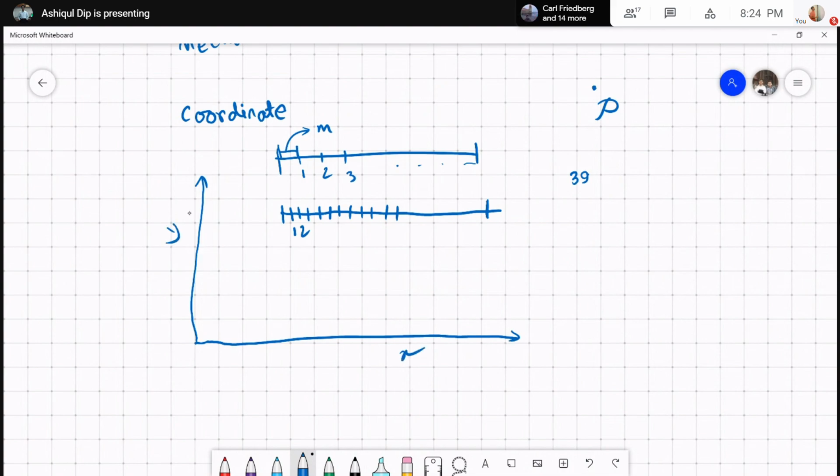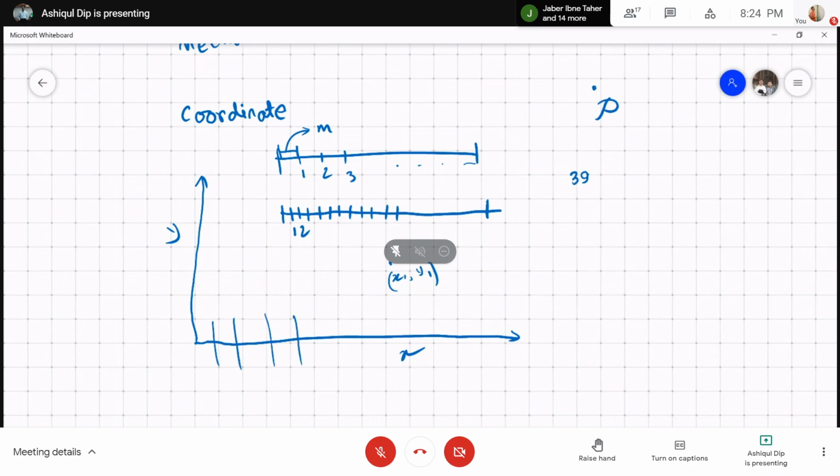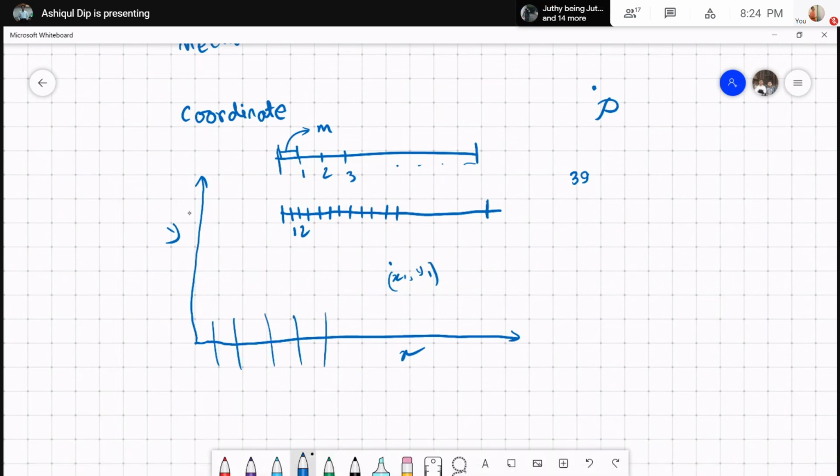So we associate two numbers to each of the points, like x1 comma y1. What does it mean? It means we have parameterized along two directions. In one direction we have parameterized like this. It's not just along this line; this parameterization is everywhere. If I extend these small lines, they will fill the space. So all we have done is parameterize in the x direction and also in the y direction.